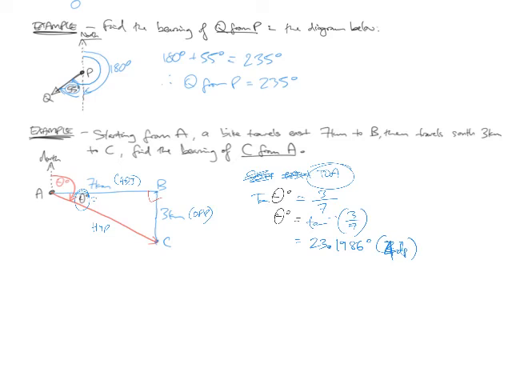So we know that this black theta here is 23.1986 degrees. Now we need to work out what the red theta is, that whole angle. Well, we know this top portion is 90 degrees. Therefore, the whole angle, the true bearing, is going to be 90 plus 23.1986 degrees.